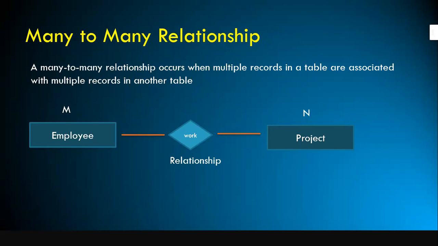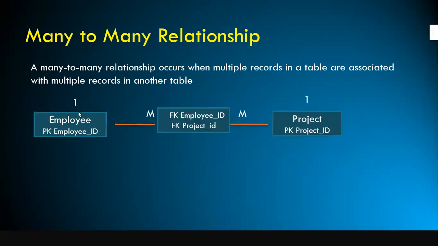See, in real life scenario, we cannot add a many-to-many relationship to a database because it breaks the normalization rules. So to address this, we create something called a joining table. Okay, in the interview, they'll ask you why you need to have a joining table.